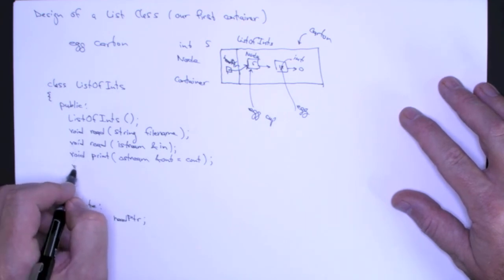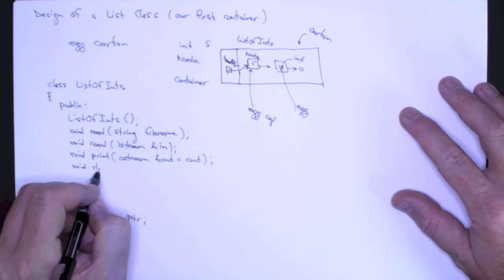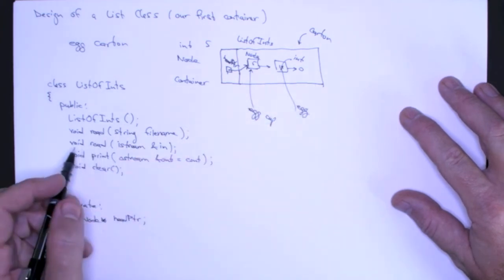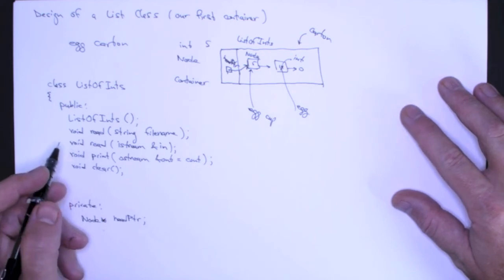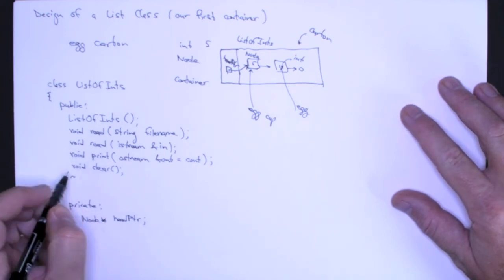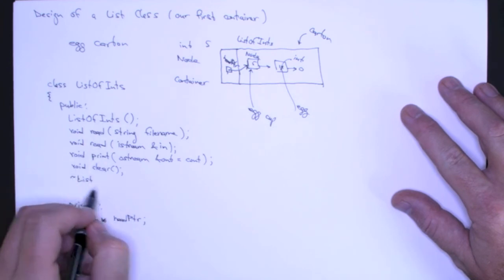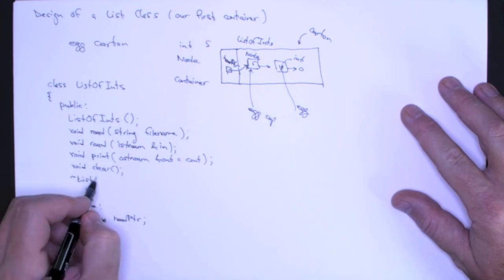I am going to implement a clear method. This will let a programmer remove all of the elements of the list. I'm also going to implement a destructor.